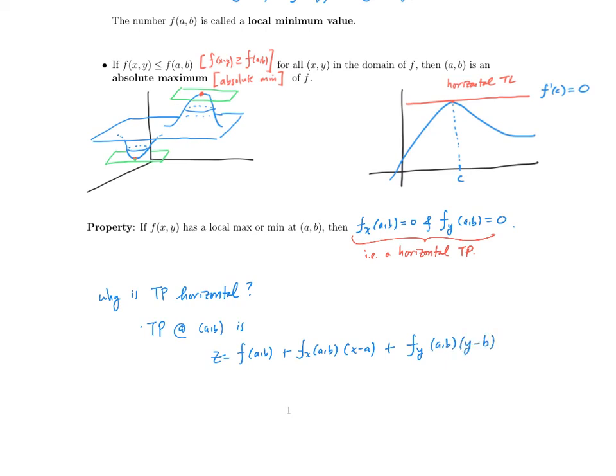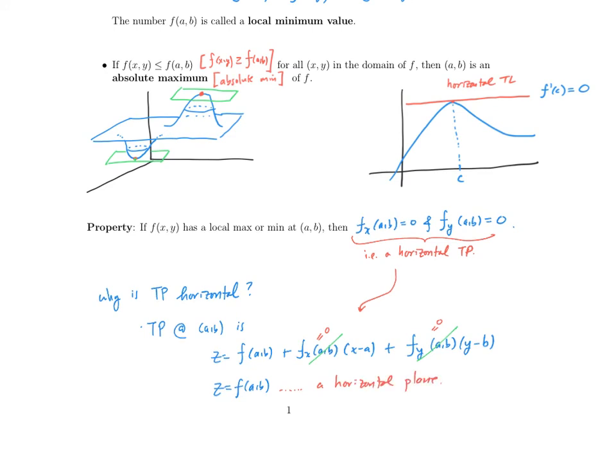And if we know that the partial with respect to x at (a, b) is 0 and the partial with respect to y at (a, b) is 0, those two terms disappear, and what we are simply left with is z equals a value, and z equals some output value would be corresponding to the equation of a horizontal plane.